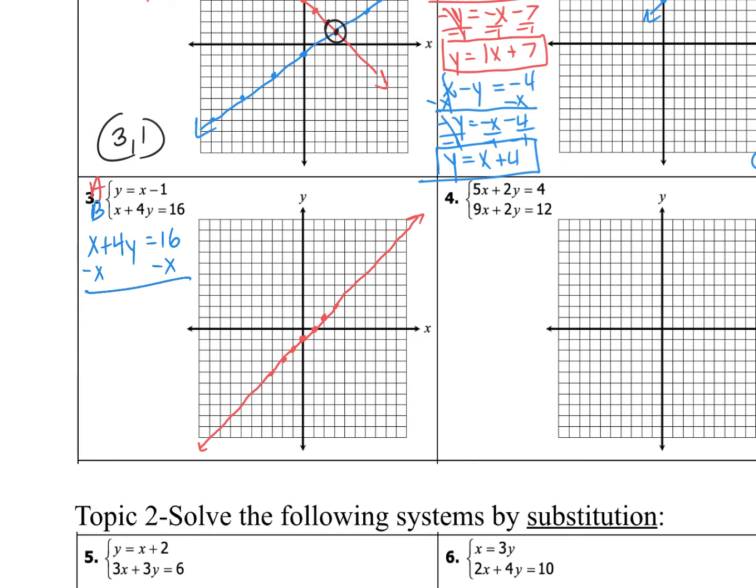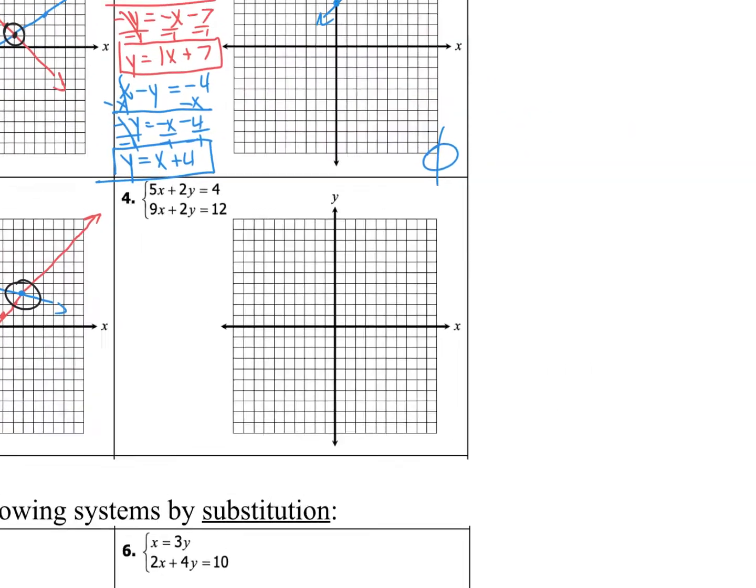Subtract x, and hopefully you're starting to notice I'm doing the same thing every time when I am converting to slope-intercept. Divide by 4. Now, -1 divided by 4 is -1/4, and 16 divided by 4 is 4. So we start at +4, and we go down 1, right 4. And so it didn't take me long to see where they intersect right there, which is the ordered pair 4, 3.